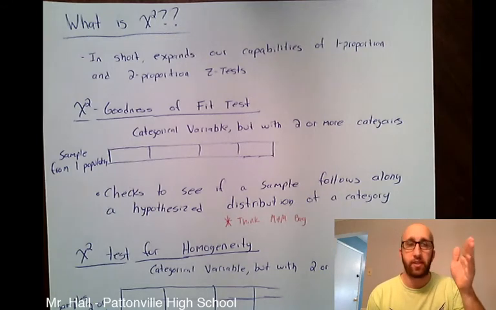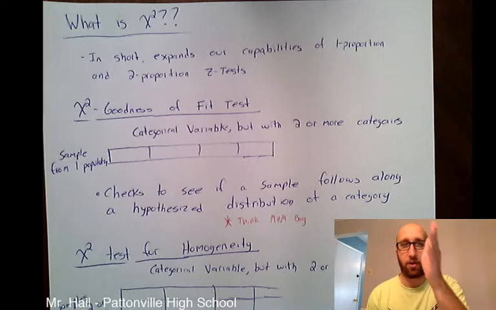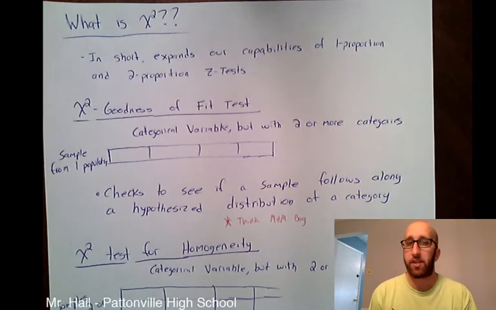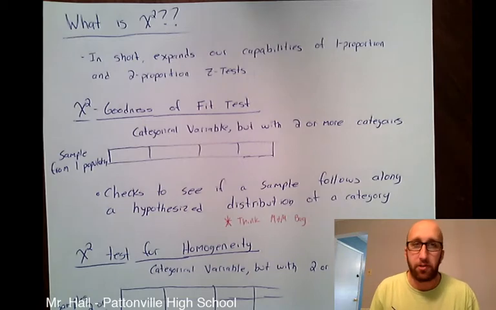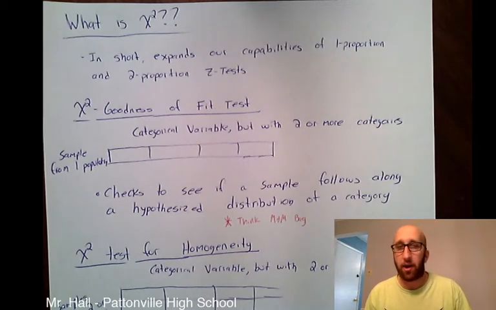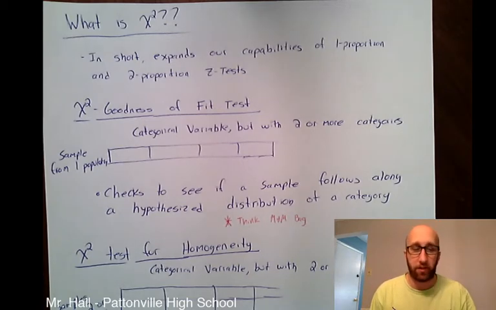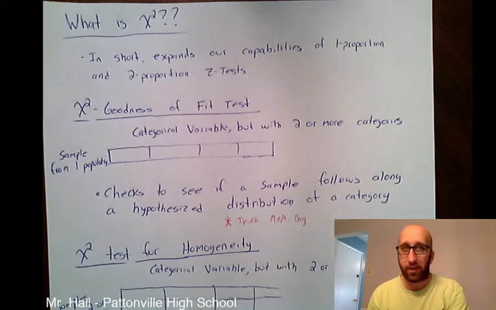So if you're doing a one proportion z-test, another one, another one, that's a whole bunch of opportunities to commit a type 1 or a type 2 error. Where if you can take all those tests and condense them into one big test, you're really reducing the risk of a type 1 or a type 2 error. So that's why these come in. It's a lot more efficient and avoids mistakes like that.